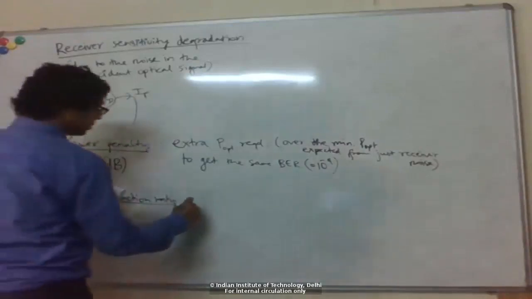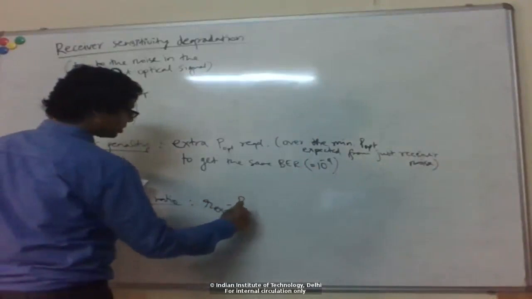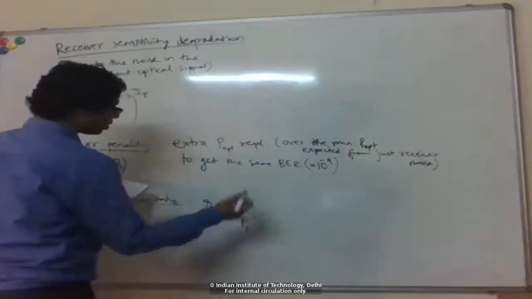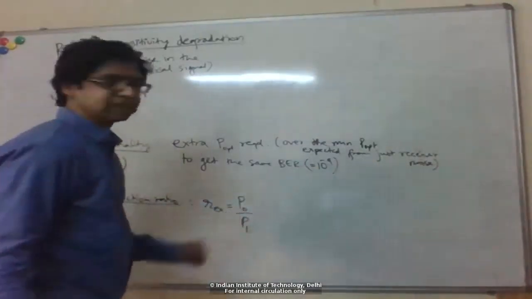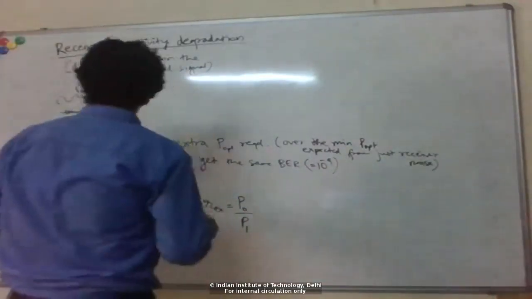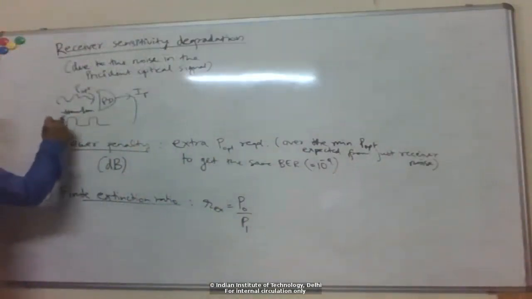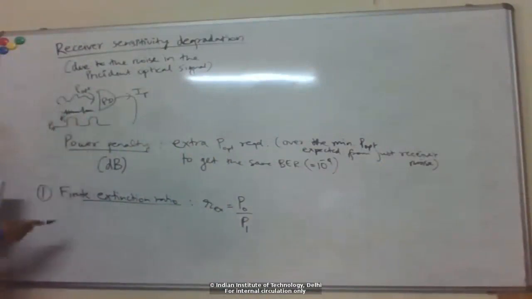For an IMDD link, so far what we've said is that for bit 0 we don't receive any power, and for bit 1 we receive some power. So here in my bit stream there is P0 and P1 for bit 0 and 1. Typically for IMDD or OOK modulation, we are saying P0 is just 0.